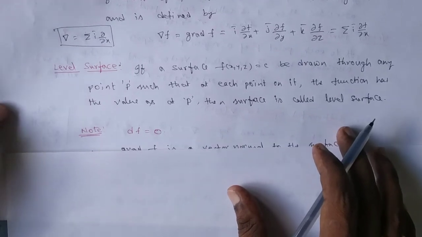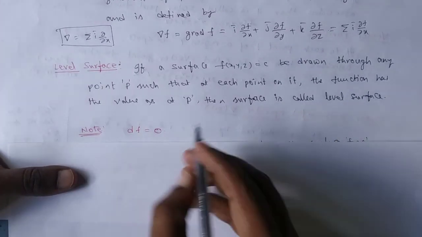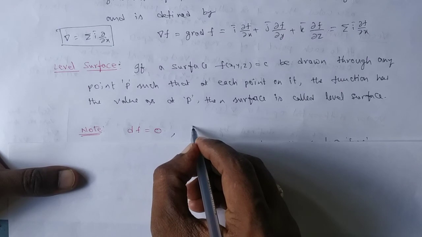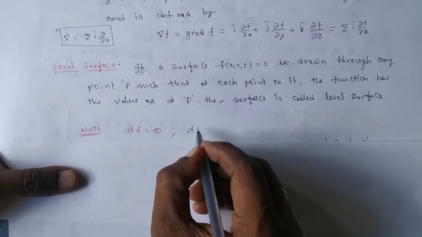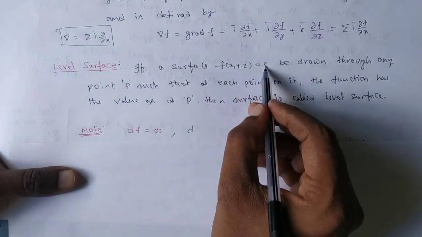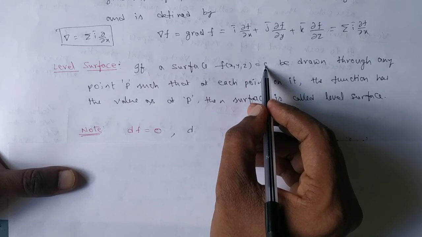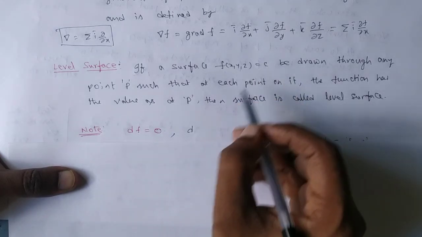Let us come to the note df equal to 0. Already we know df for this function f of x y z equal to c. What is df? Obviously it will be 0.